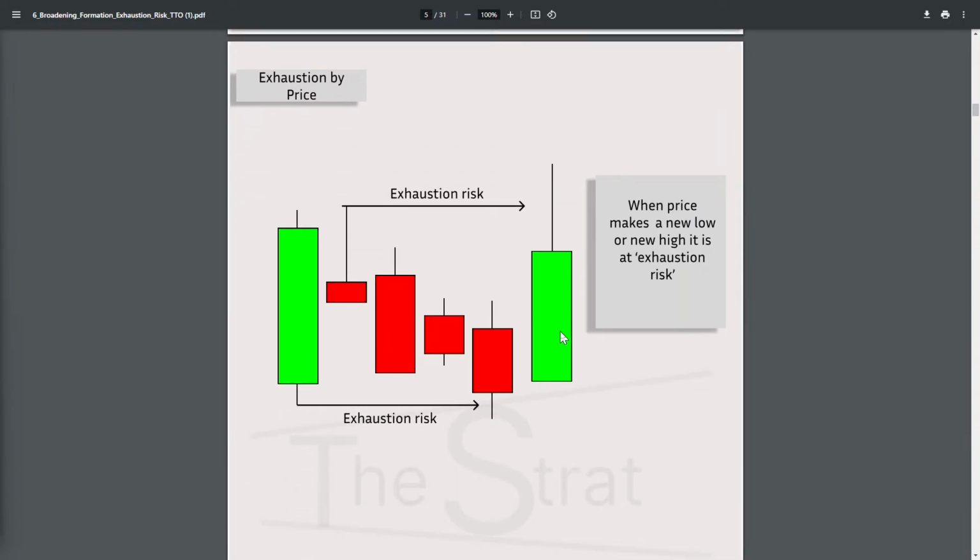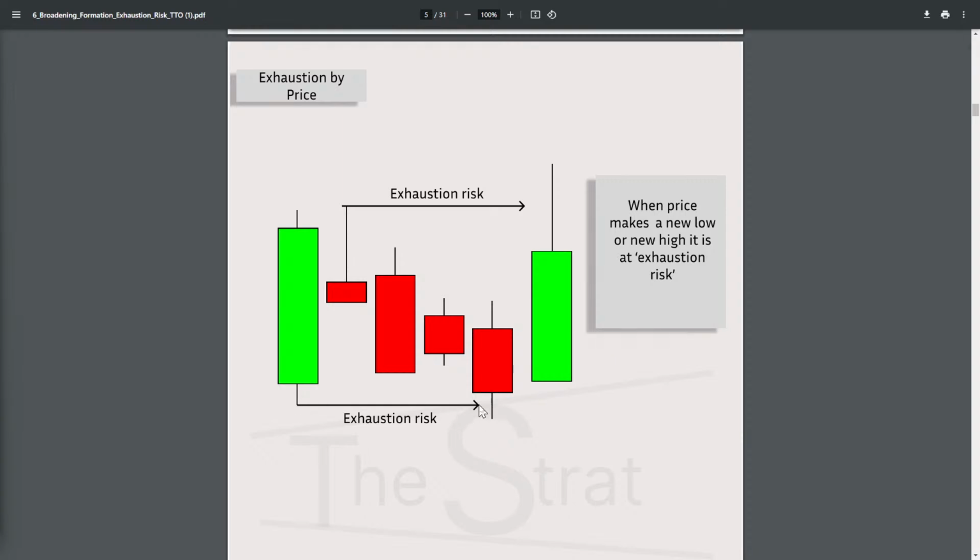Here's an example of exhaustion by price. When price makes a new low or a new high, it is at exhaustion risk. Starting the chart from left to right, like how we read, we have a 2 up that triggers the 2 down, and exhaustion risk occurs once we make a new low.